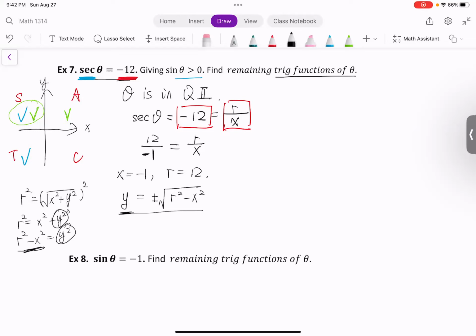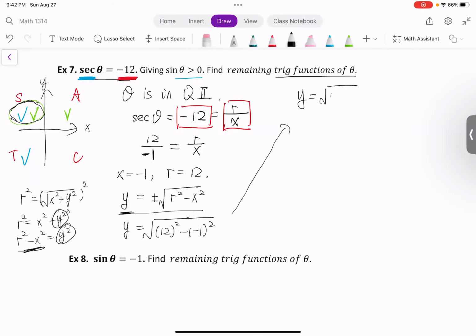Now I need to go back and see theta is in the second quadrant, where y is positive. That means my y has no negative sign. Square root of r squared, 12 squared, minus x squared, negative 1 squared. Let's continue to find the y value.